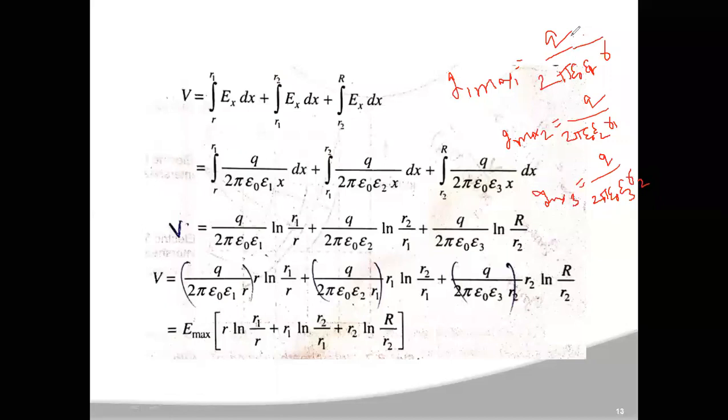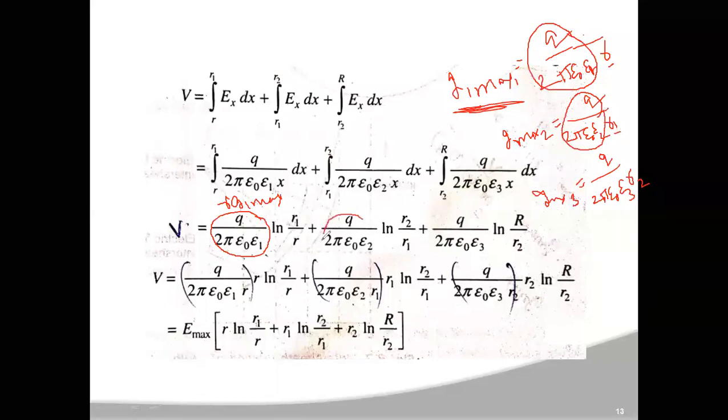Now here, Q by 2 pi epsilon naught epsilon 1, you can write as r into G1 max. Shall I write like that? In place of Q by 2 pi epsilon naught epsilon 1, I am going to write r into G1 max. In the similar way, Q by 2 pi epsilon naught epsilon 2, I am going to write as R1 into G max 2.